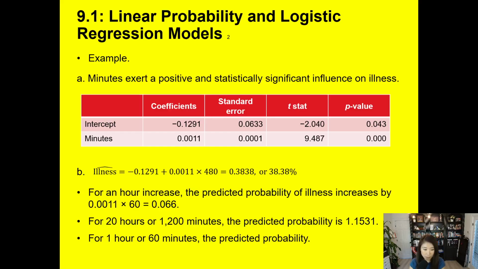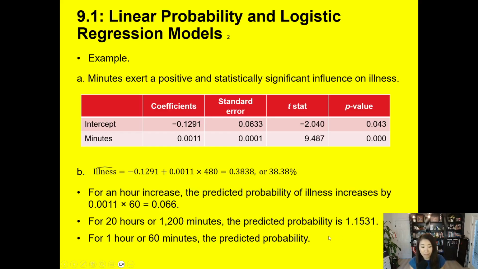That's good. But here we want to talk about the weakness of this model. How about instead of 8 hours, this person stays outside for 20 hours? If you convert 20 hours to minutes, it gives you 1,200 minutes. Then you plug into this model, and instead of a number below 1, you get 1.1531.